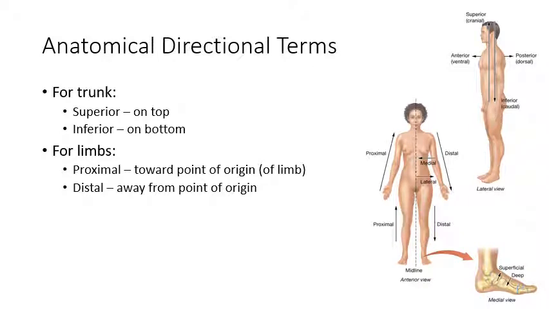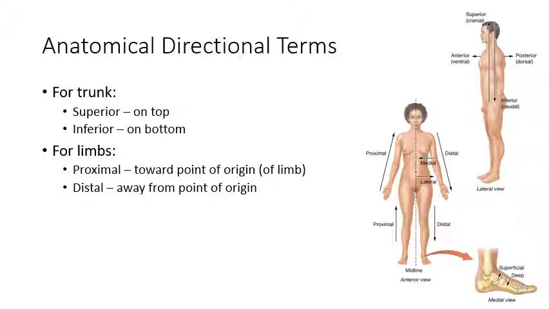The reason why we use those two separate sets of terms is because you can move your arms and your legs. So if you were referring to, let's say, a cut that you have on your forearm, that would be superior to your wrist.